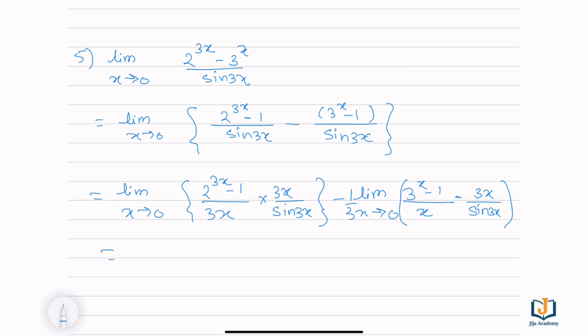So we get here log of 2 into 1 minus 1 upon 3 log of 3. So our answer is log of 2 minus 1 upon 3 log of 3.